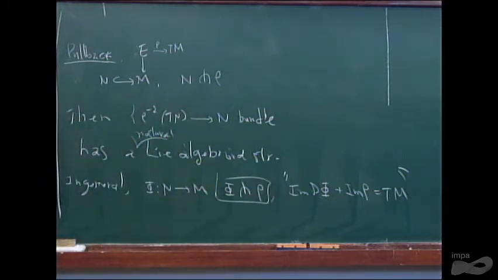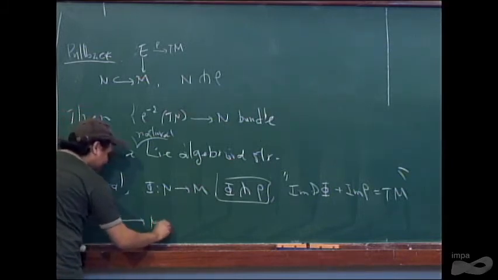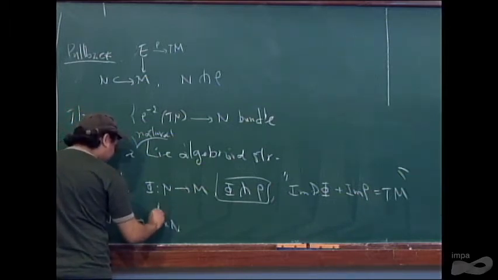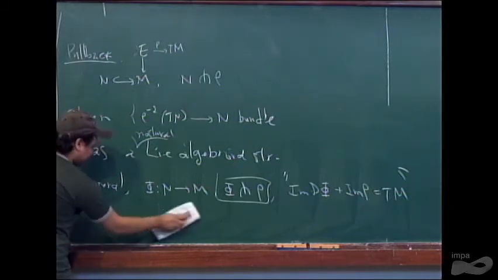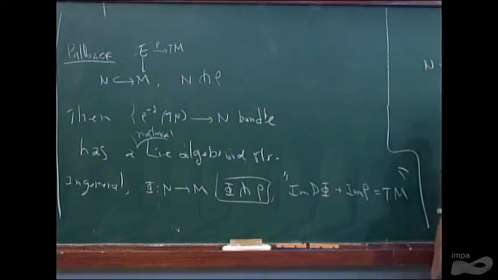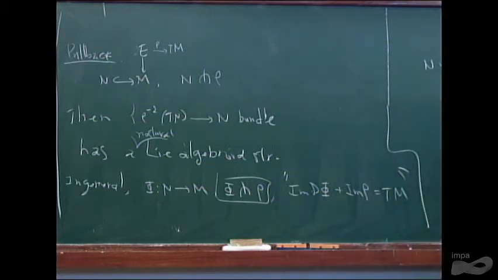And so in general, if you have this, you can consider N as a submanifold inside the product M times N. This submanifold is transverse to the anchor of another Lie algebroid over this product. Let me draw it here. You consider N inside the product M times N, as the graph of φ times the identity. This is a submanifold that's transverse to the anchor of this Lie algebroid structure.